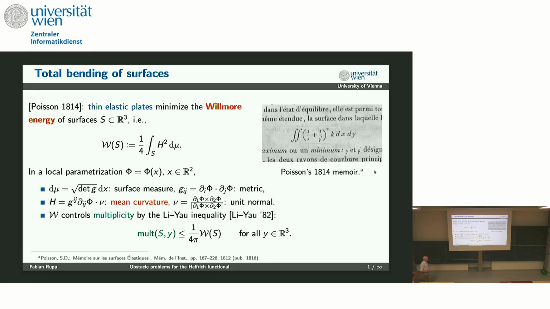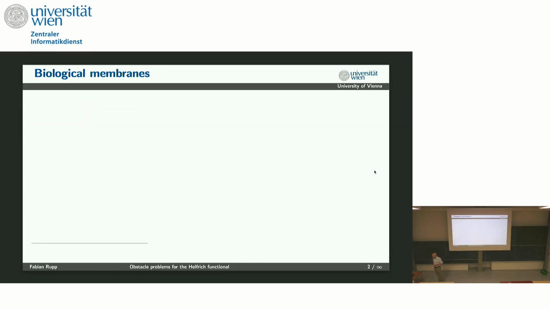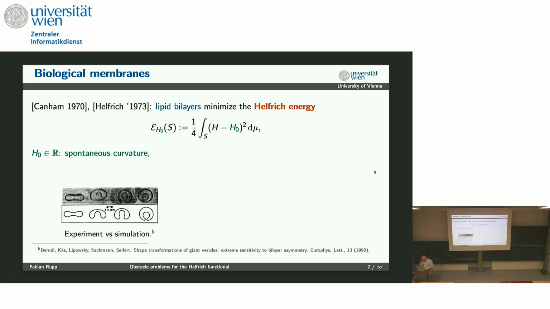This is a basic model for plates suggested by Poisson already. In the last century, Canham and Helfrich proposed a model to adapt this energy to describe the shape of biological vesicles. For instance, red blood cells or other lipid bilayers that appear in, for example, biological applications.